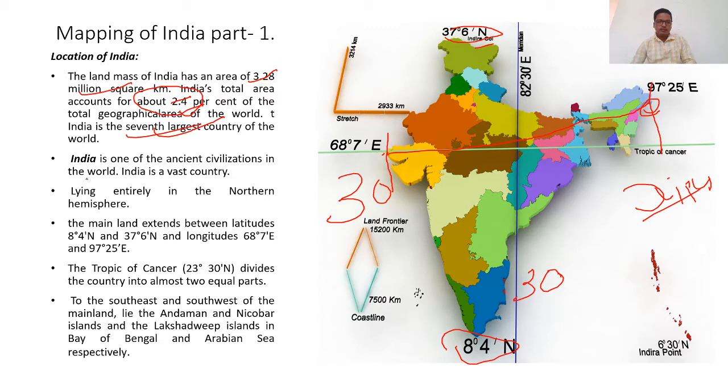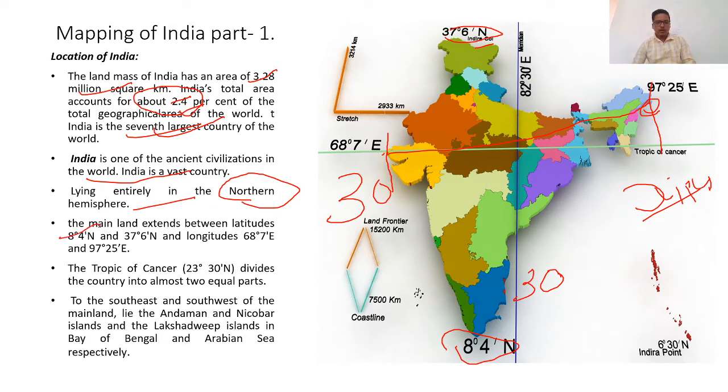India is one of the ancient civilizations of the world. Everybody knows this fact. Lying entirely in the northern hemisphere, as you can see, the latitudes start from 8 degree to 37 degree. That means the whole country is within the northern hemisphere.